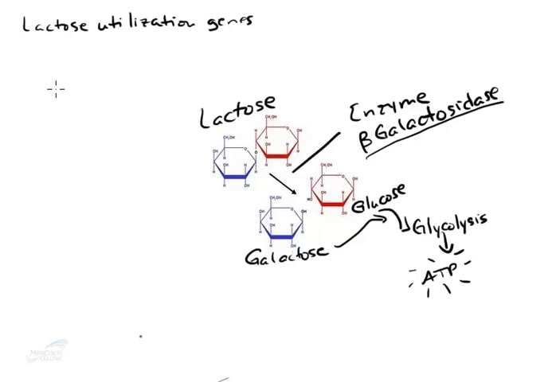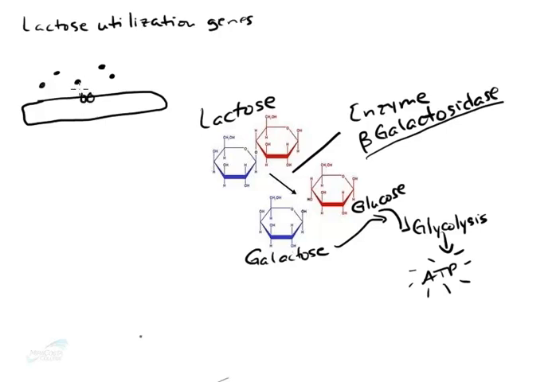But if you think about it, there are others, right? In order for this cell, let's just draw our little boxy cell here, to get lactose that's outside the cell into the cell, we've talked about this before, that lactose isn't just going to freely cross through that cell wall and cell membrane.